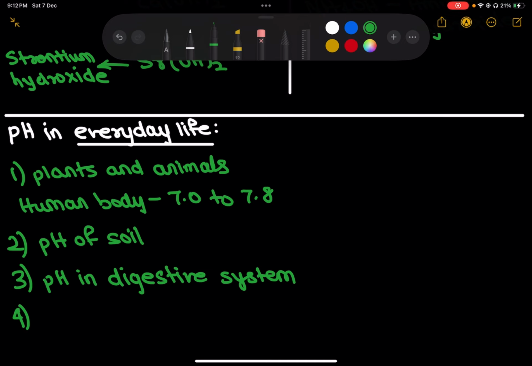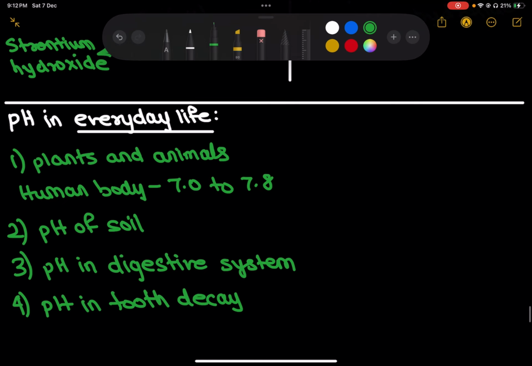So that was the last part of pH in everyday life. So we saw pH in the digestive system, then pH in tooth decay. Remember the name of tooth enamel, it is calcium hydroxyapatite, right? It is a crystalline form of calcium phosphate.